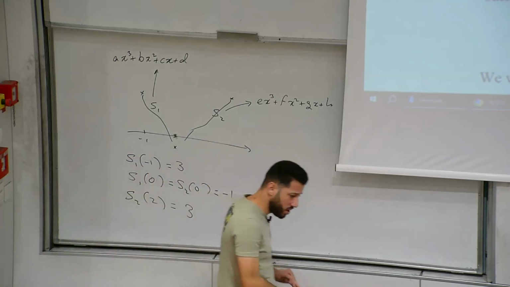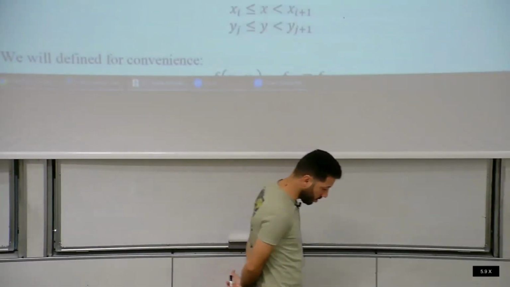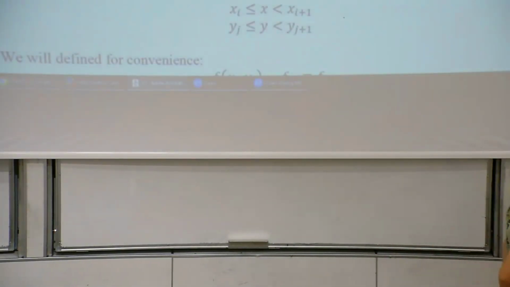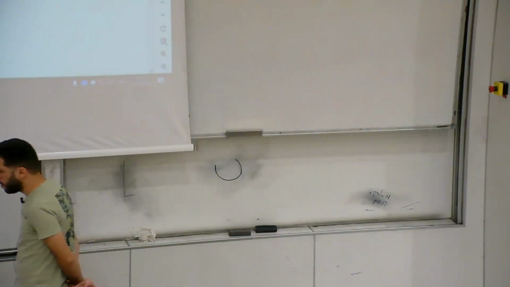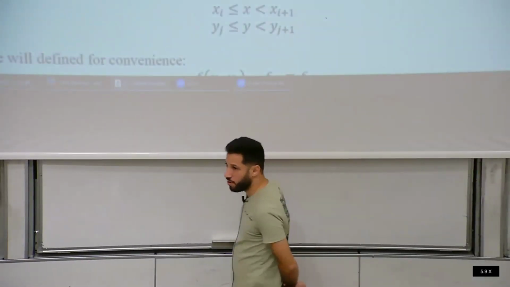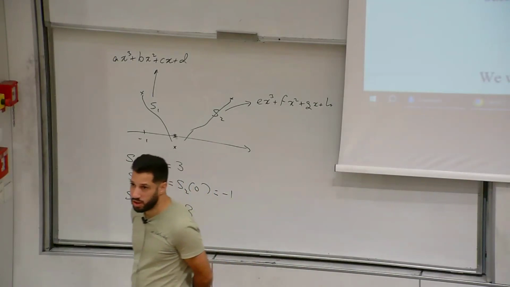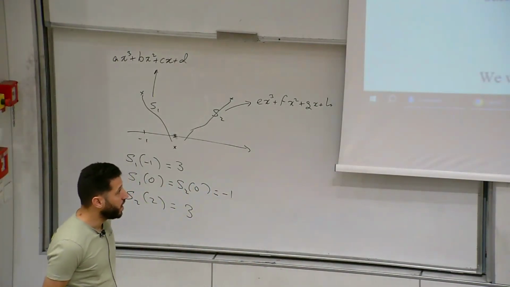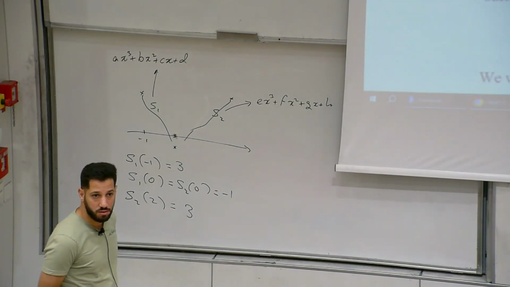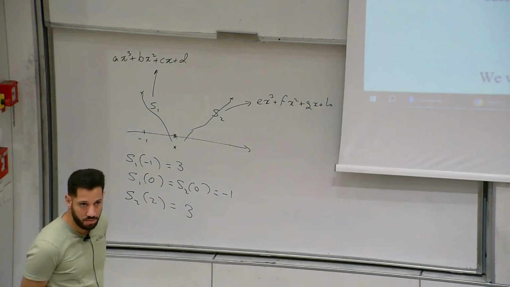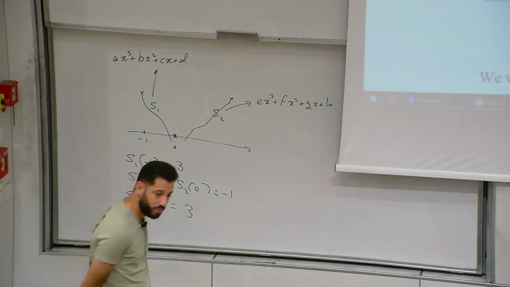Let's suppose that there is a function of two arguments, x and y. So it's a scalar function, f of x and y, and someone gave us some grid of sampling at some x's and y's.